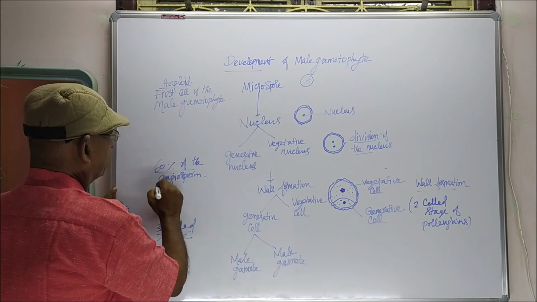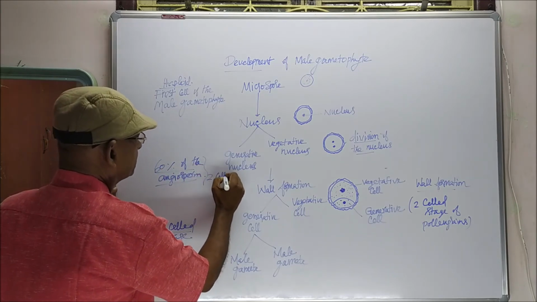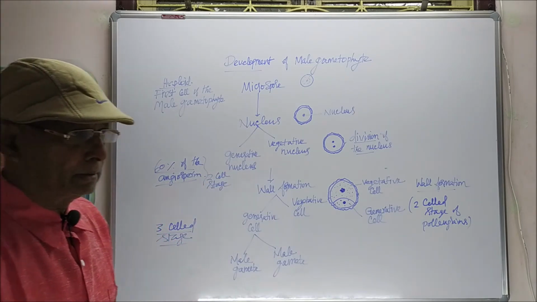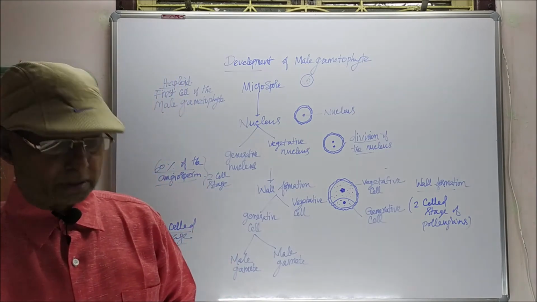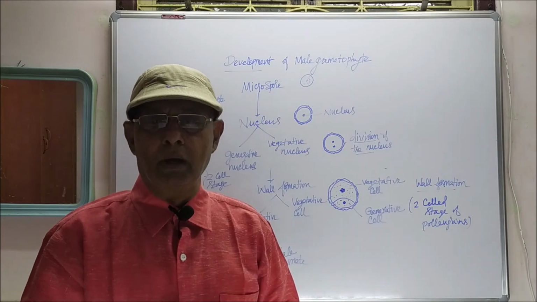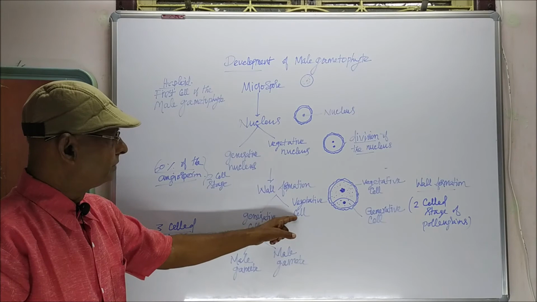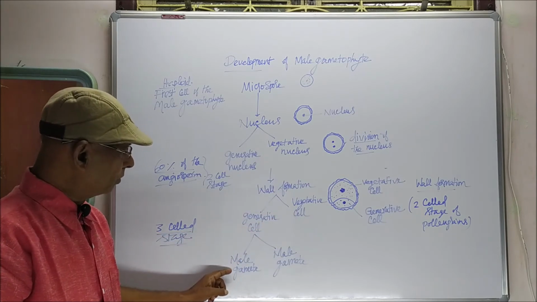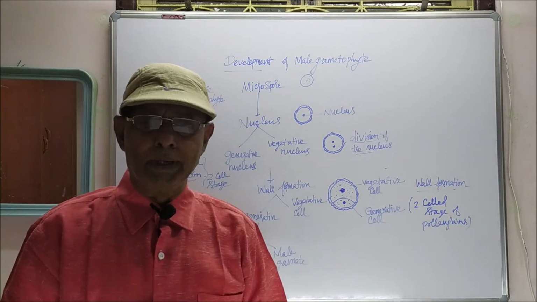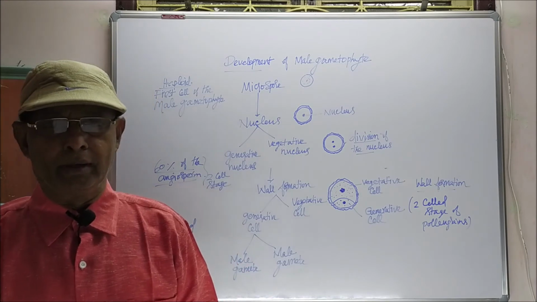In 60% of the angiosperms, only the two-celled stage of the pollen grains will be liberated, will be dispersed and reaches the stigma. Sometimes, in some cases, pollen grains are liberated in three-celled state: one vegetative cell, and two male gametes.